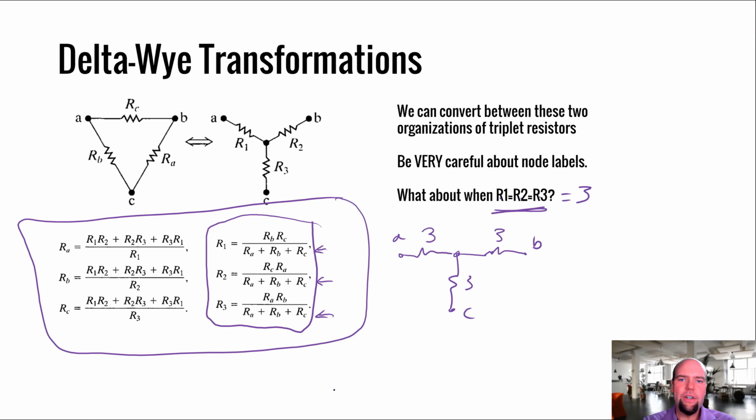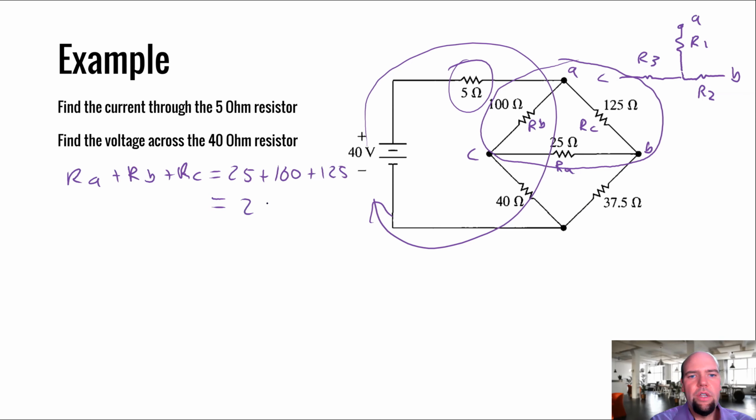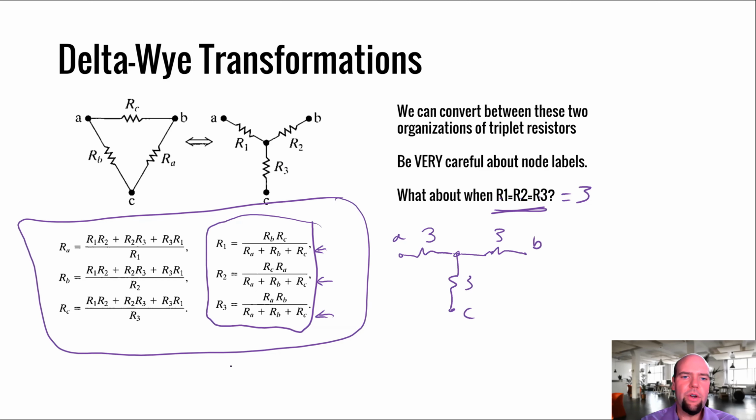RA plus RB plus RC, that's going to equal 25 plus 100 plus 125. That's going to equal 250. Perfect.